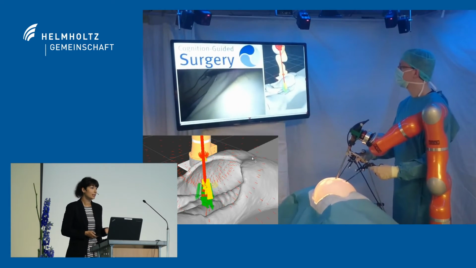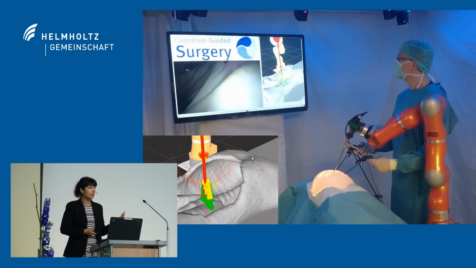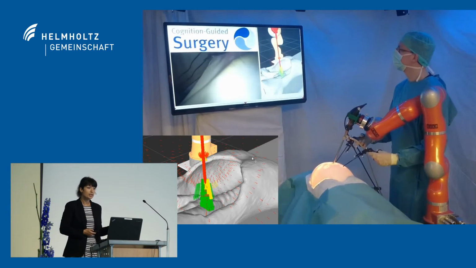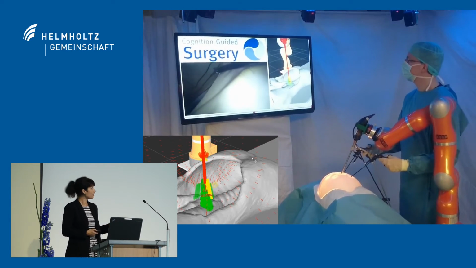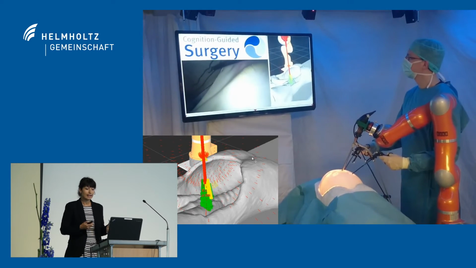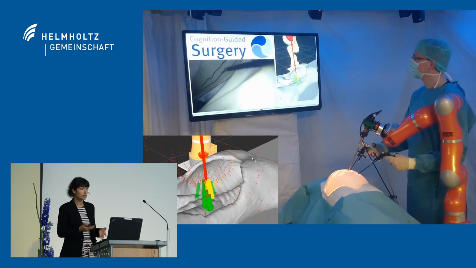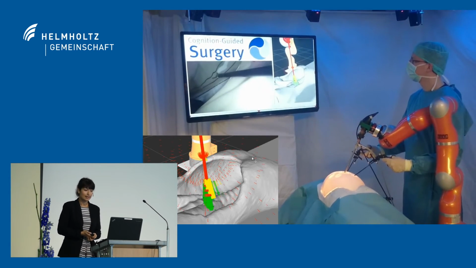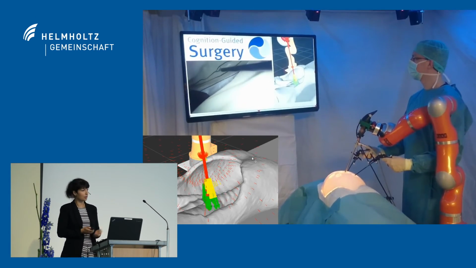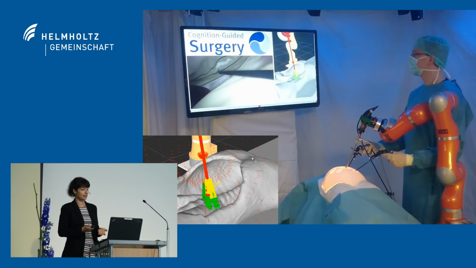And the novelty here is that it has learned from looking at previously recorded surgeries, and then in the actual intervention, it analyzes the endoscopic images, knows what the next step will be, and visualizes according to the surgeon's needs.